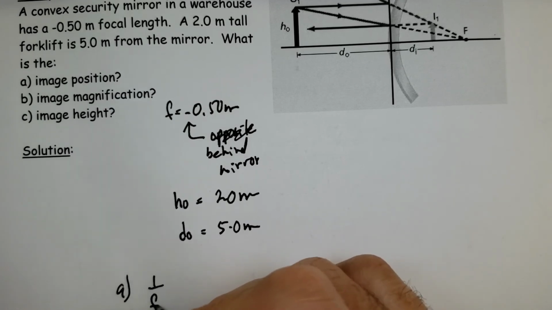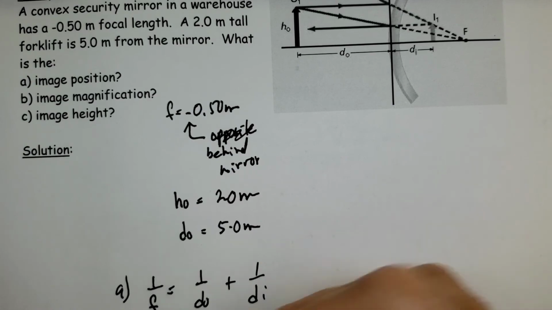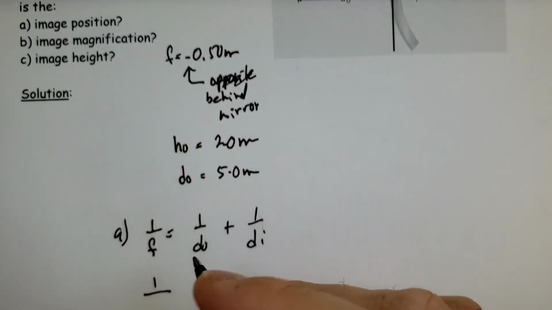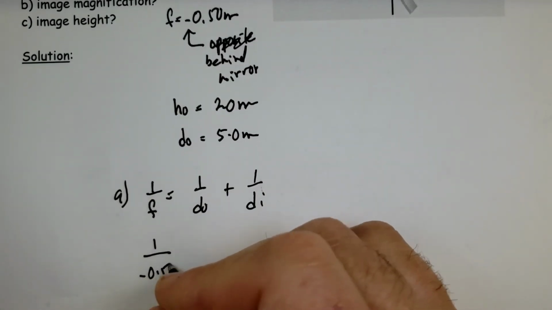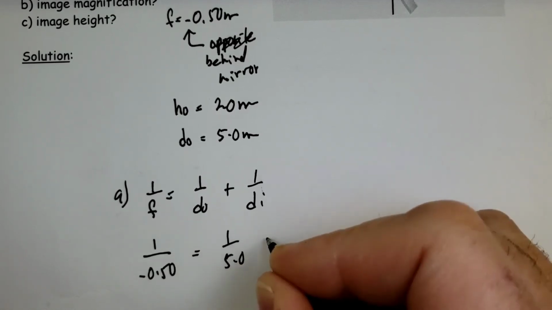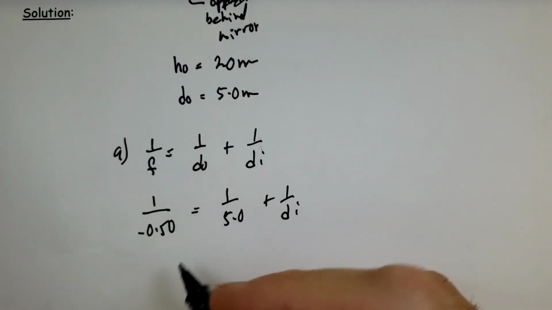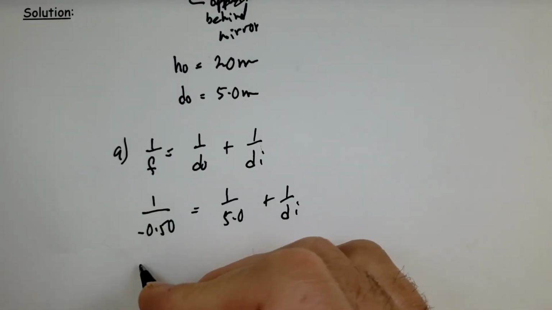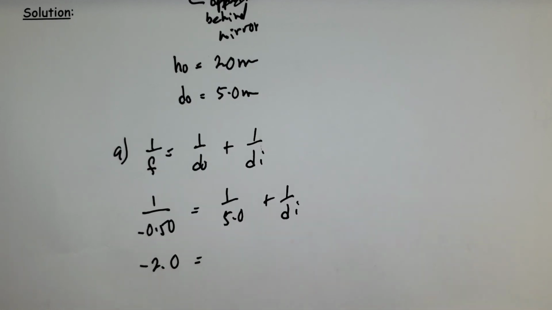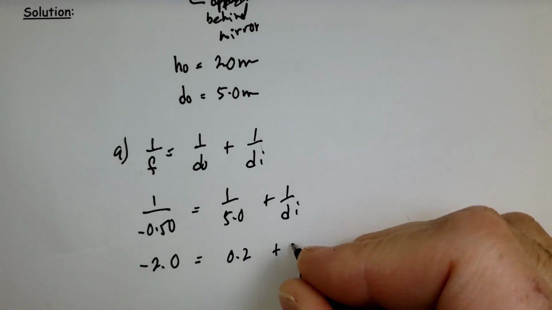So 1 over F equals 1 over DO plus 1 over DI. So the focal length is negative 0.5 and 1 over 5. So to isolate, let's divide here first of all. 1 divided by negative 0.5 is negative 2.0, and 1 divided by 5 is 0.2.